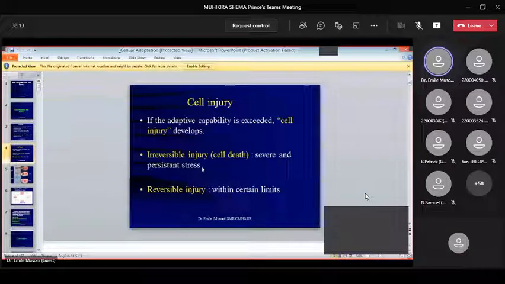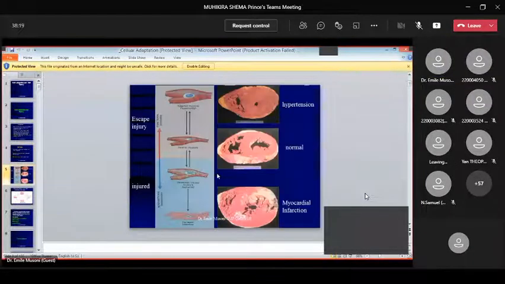There are some reversible injuries. You're going to see them. For example, here, the normal muscle, this is a muscle of the heart, myocardial. This one is normal. This one is injured, and this one is irreversible.